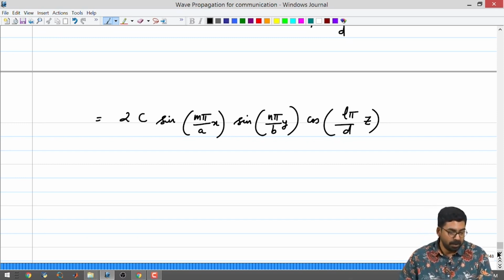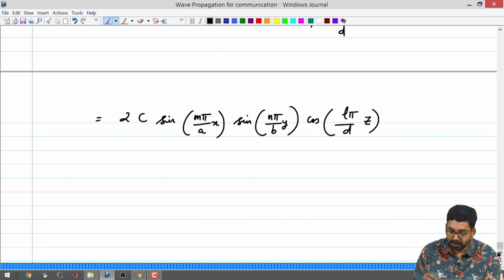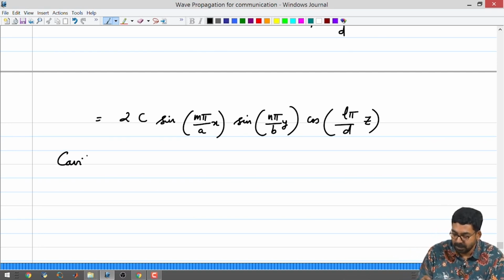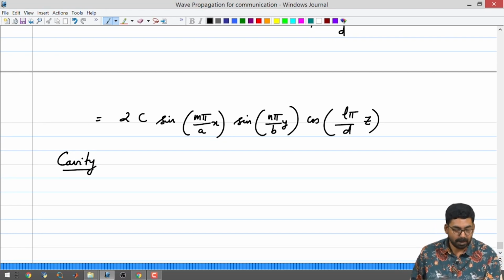Okay. So, this expression corresponds to what is known as a cavity, and there is a reason why, right.